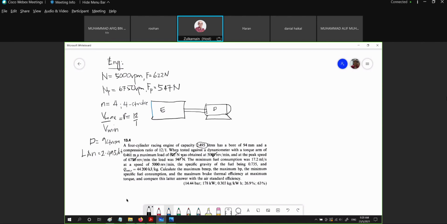Okay, so we have noted that. What else? The minimum fuel consumption was 7.2 milliliter at a speed of 5,000. At the speed of 5,000, we are going to use the fuel, so this is V dot fuel is equal to 7.2 milliliter per second.